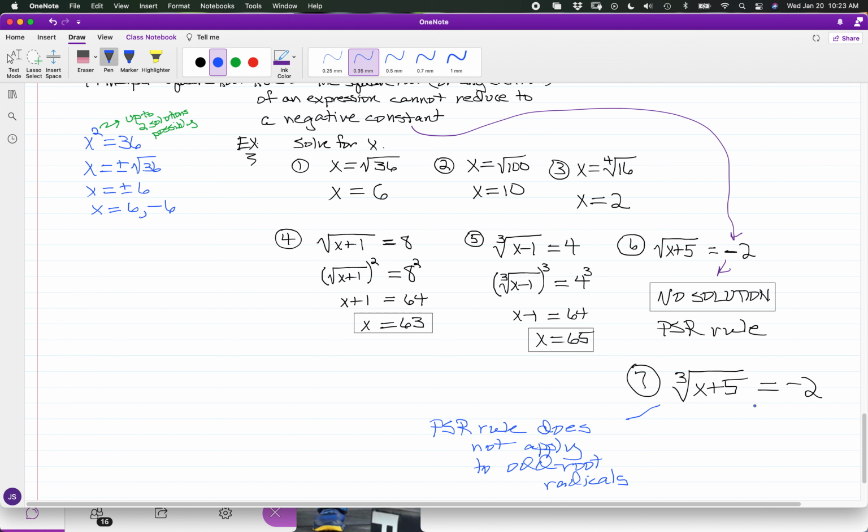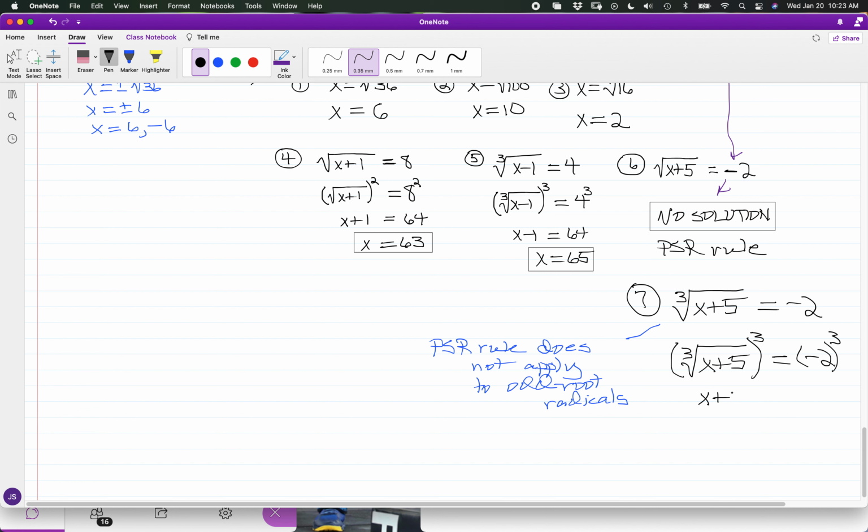So we can continue. So the cubic root of x plus 5. We can take care of the radical by cubing. And so we have x plus 5 is freed up, and -2 to the third.